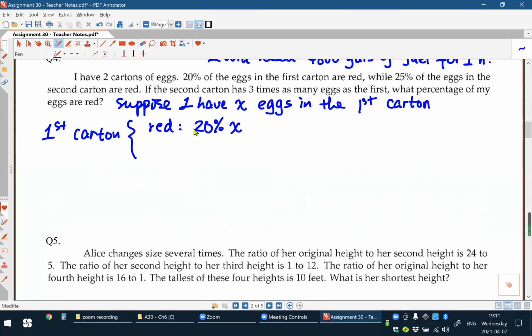So the red eggs are 20% times X, because X here is the total number of eggs. And for the non-red, how many are non-red? Of course, the remaining 80% times X. These are the non-red eggs in the first carton, right? Okay, so how about the second carton?